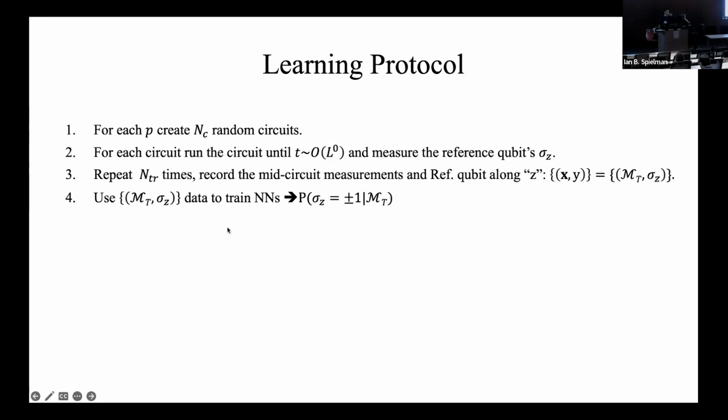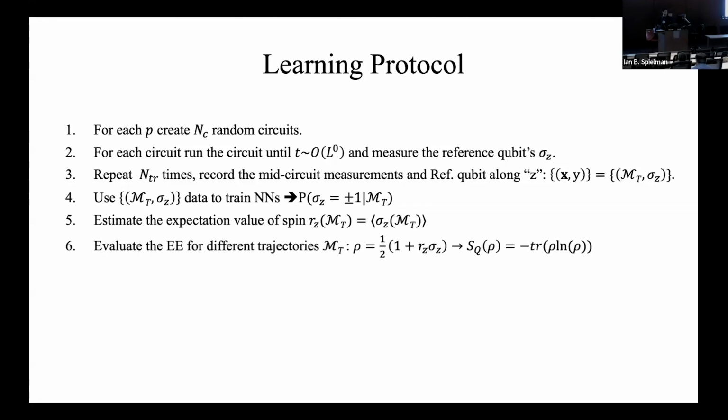Then we use this data to train the neural net. Using that, we can obtain the probability distribution for a given trajectory. When a trajectory is given to us, we can predict what the value of sigma z would be. This allows us to find the expectation value of sigma z, and from that we can straightforwardly find the density matrix and the entanglement entropy.